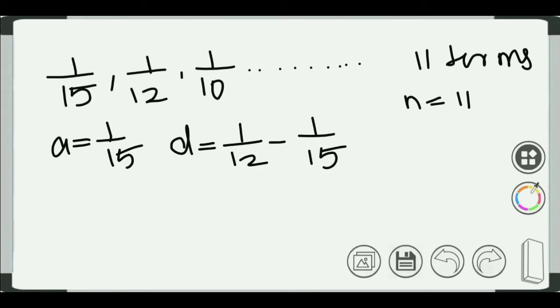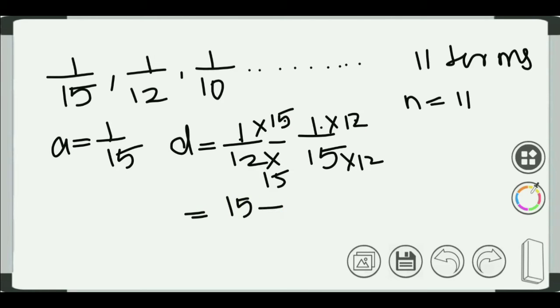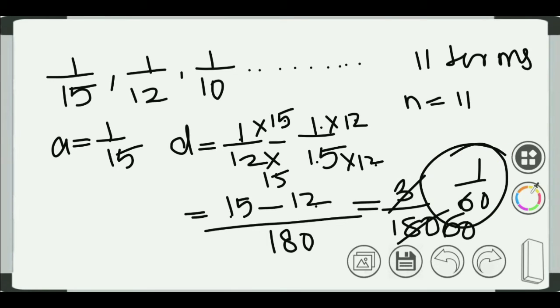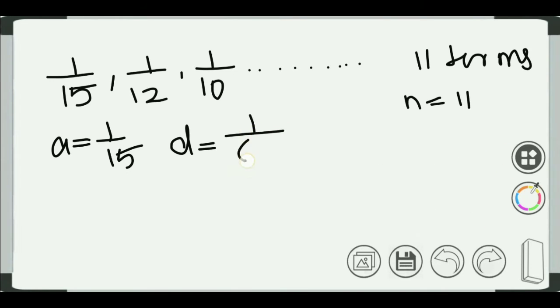To make the denominator the same, I multiply cross-wise: 15 into 1 is 15 minus 12 into 1 is 12, divided by 15 into 12, that is 180. So 15 minus 12 is 3. 3 by 180 simplifies to 1 by 60. So your common difference D is 1 by 60.